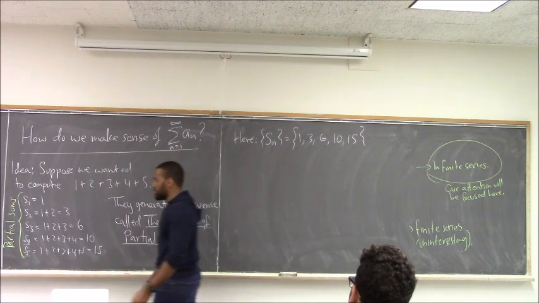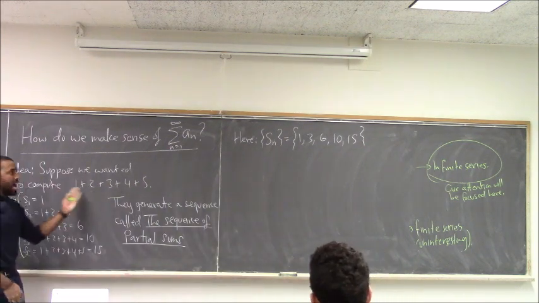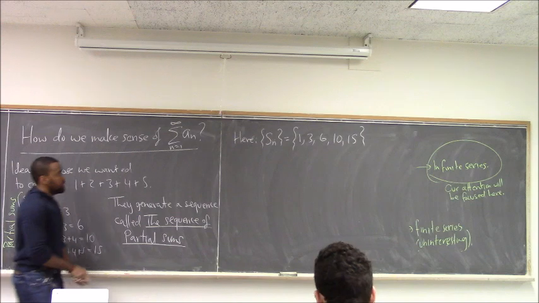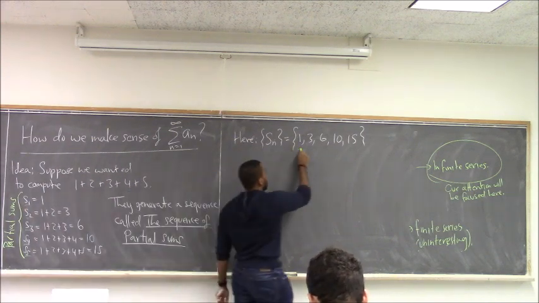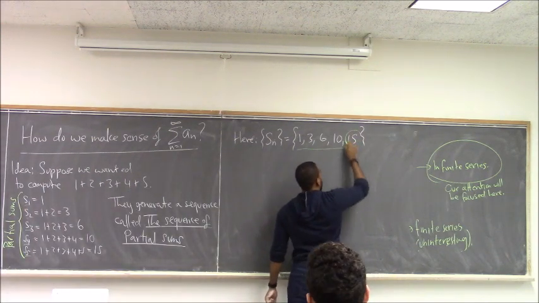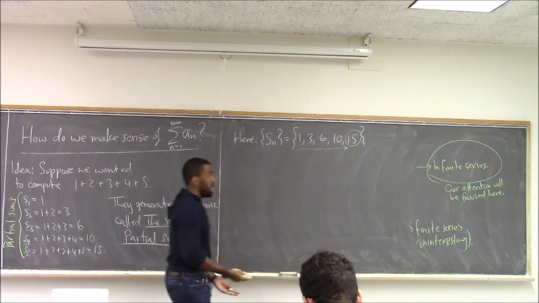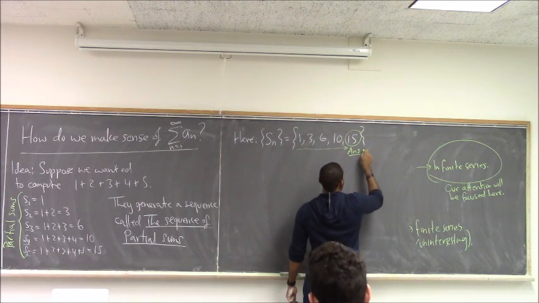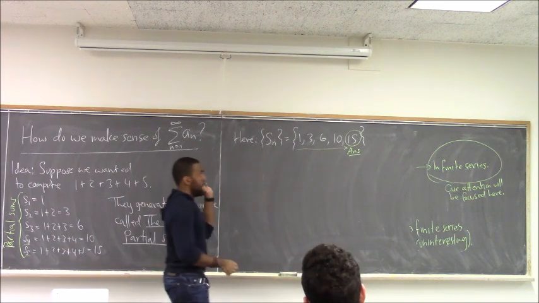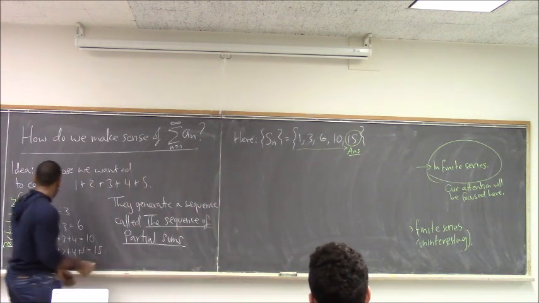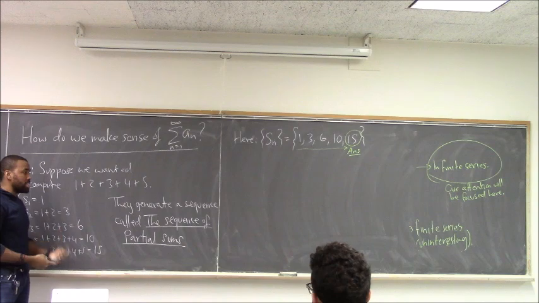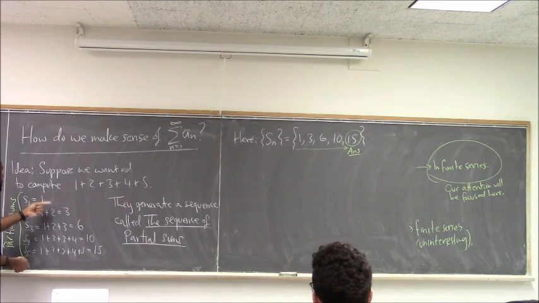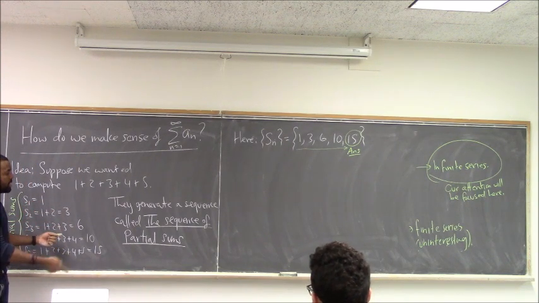And the idea is, what does it mean to actually add up everything? Well, it means you follow this list until you get to the last guy. That last guy is going to be your answer. In other words, you have a sequence, and the rule of this list is that it adds the next term, then the next term, then the next term.